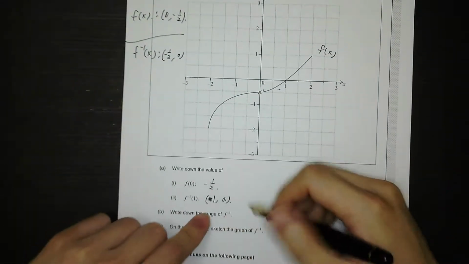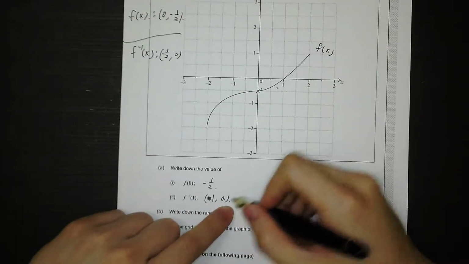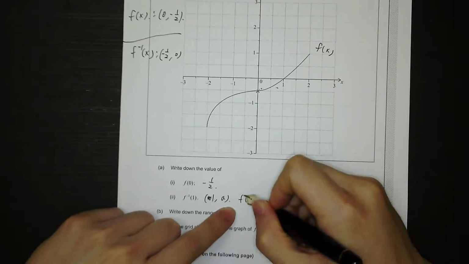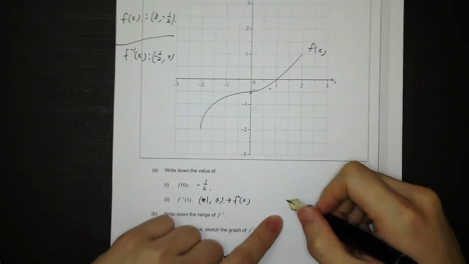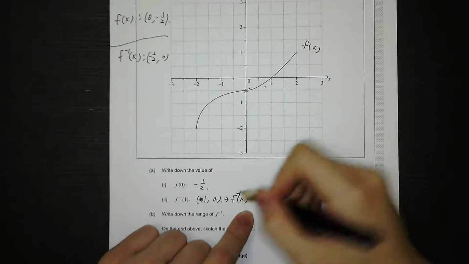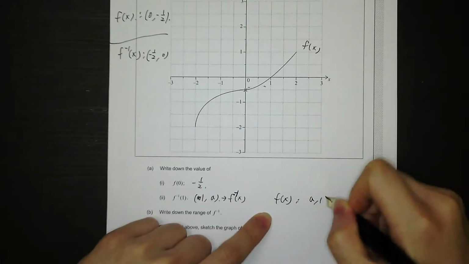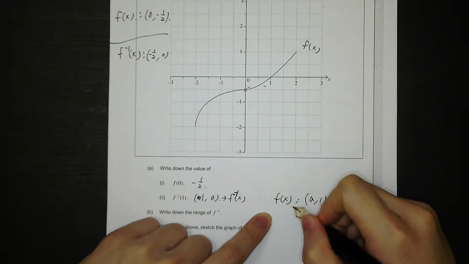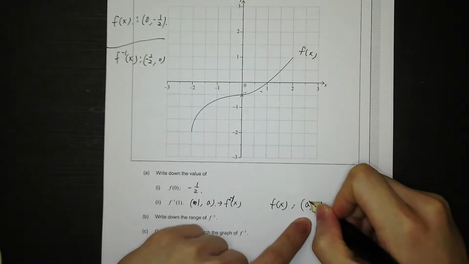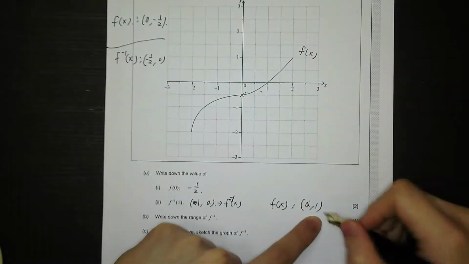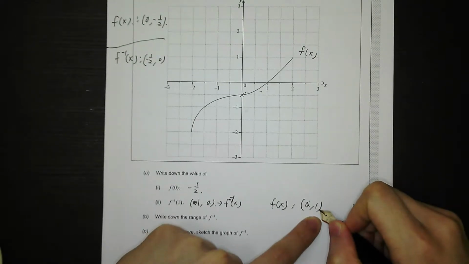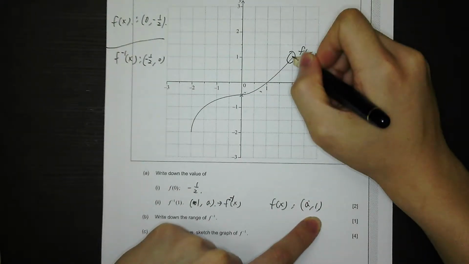Now, we know there's a point (1, a) on the inverse function, so the point will become (a, 1) on the original function. So we're going to solve for the a value, right? On the original function, when y equals 1, that's the point (2, 1).